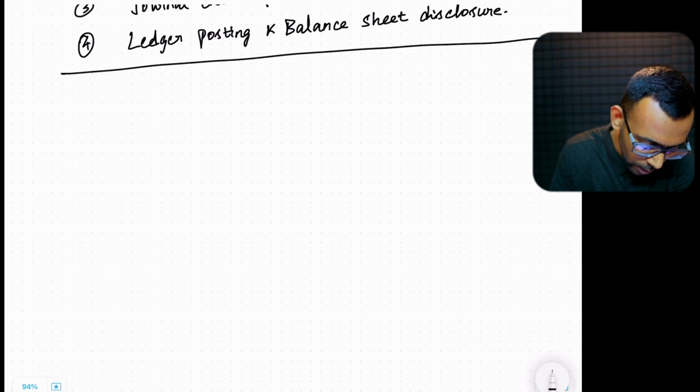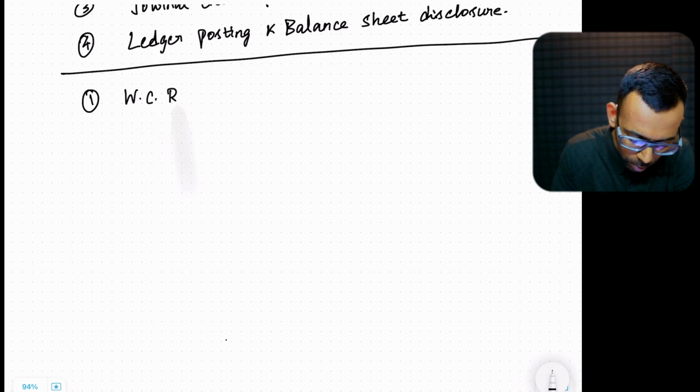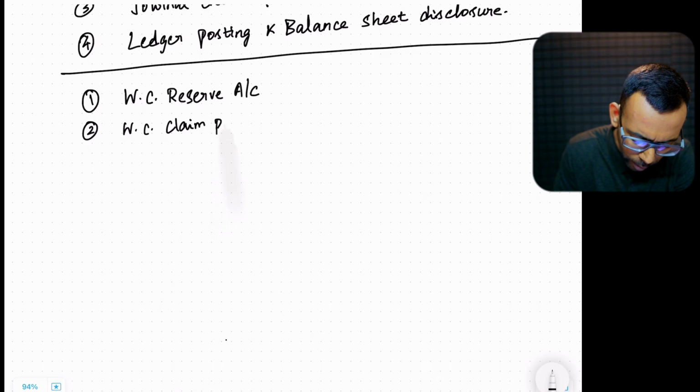Okay, list of ledgers. The first ledger that we are going to discuss is the workman compensation reserve account. The second ledger that we are going to talk about is workman compensation claim account or claim payable account.